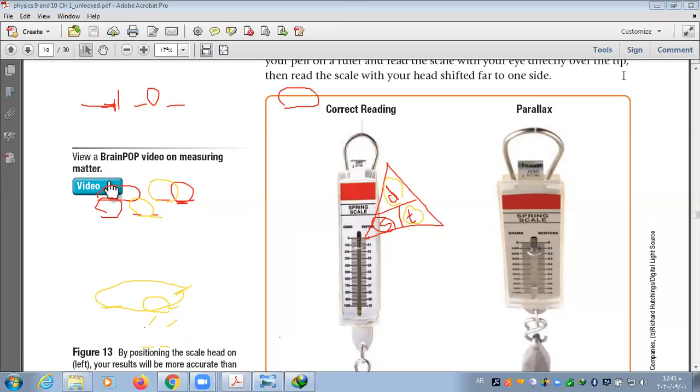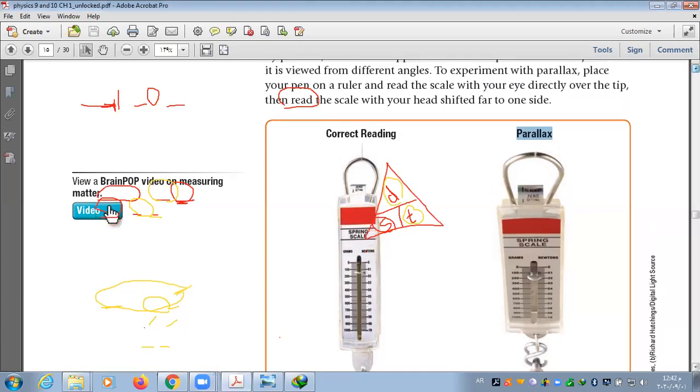Both are measuring units. Okay, but I'm asking what is parallax? It's about vision. If you can remember vision. What is parallax?